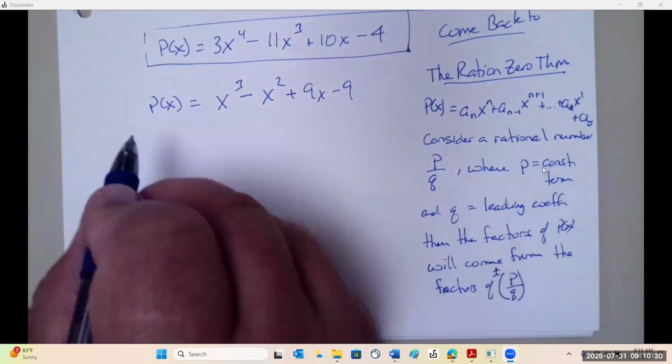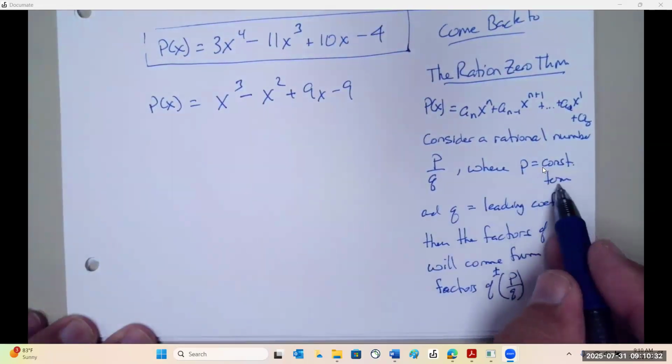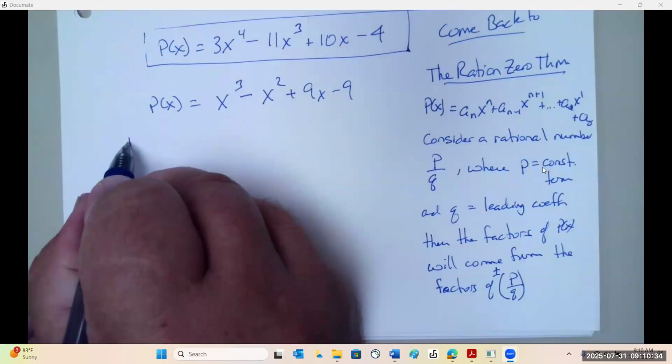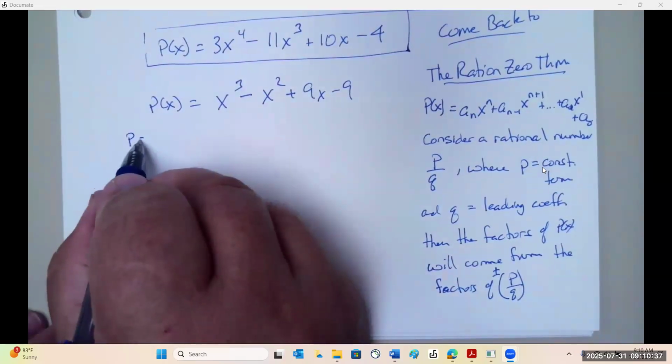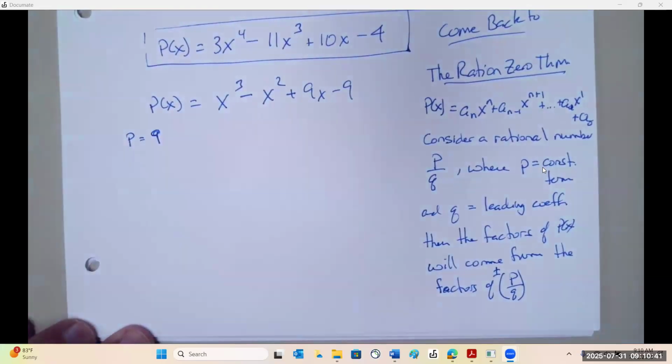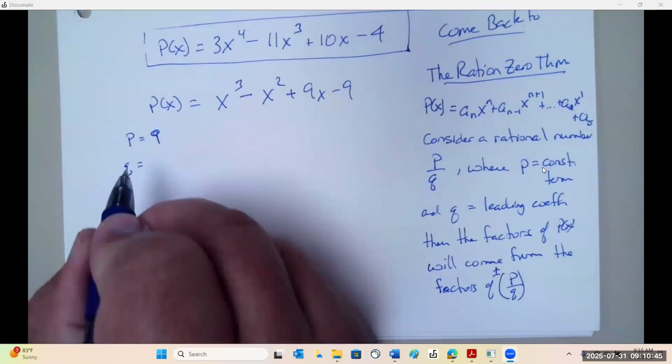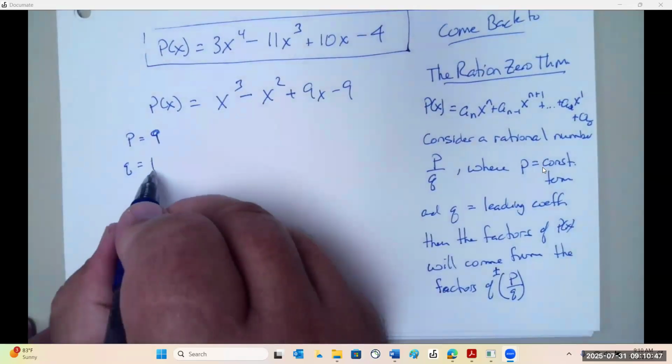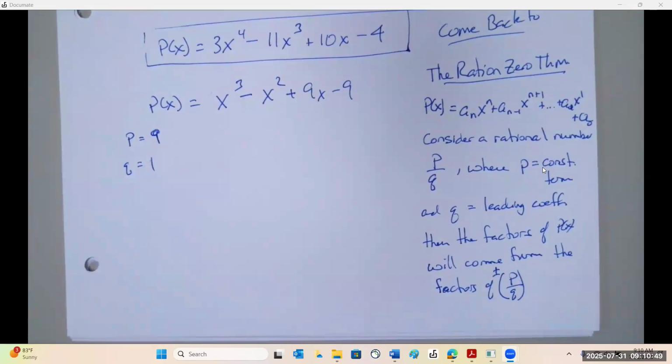So now, what is P? P is the constant term. That's 9. Just a 9. Don't worry about the negative sign. What's Q? Q is the leading coefficient, and that's 1, the number in front.